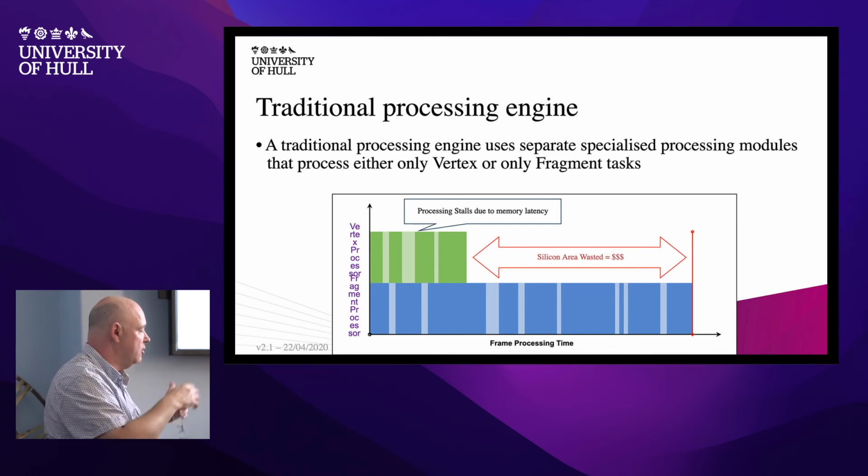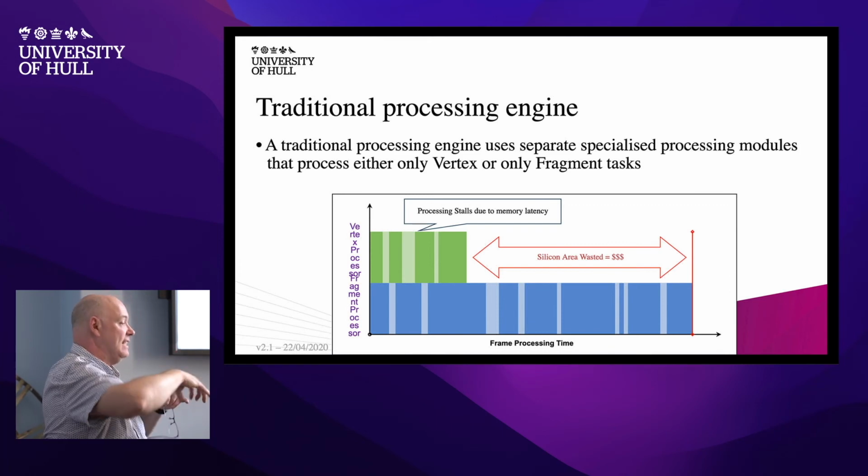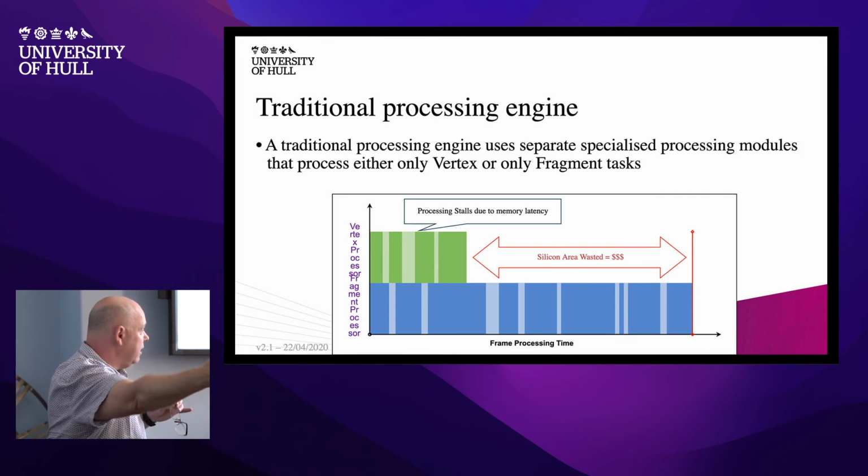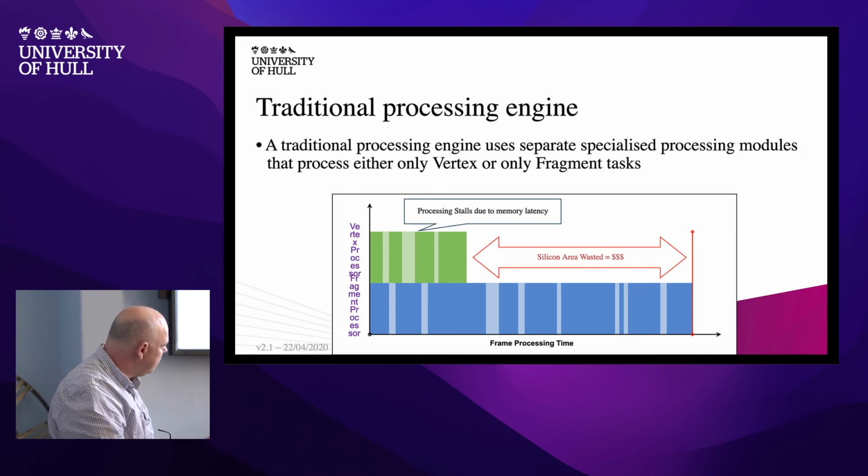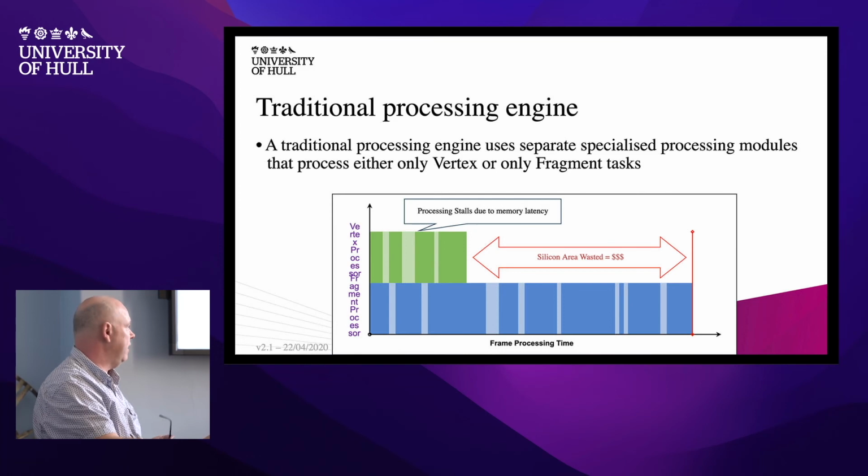You might have one or two, but the fragment shader, that's how you color it in, and you can have any number of those. So you tend to have more fragment shaders than vertex shaders. So if traditionally you had separate processing power for each, that means the vertex processor is idle for lots of the time, which is not good.